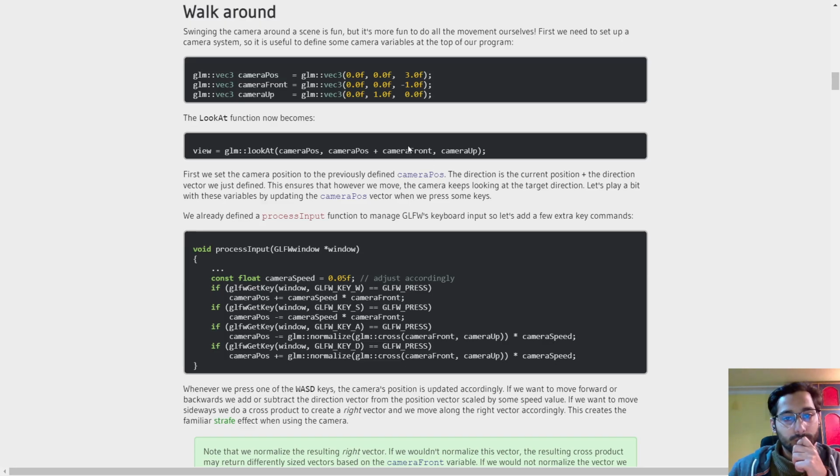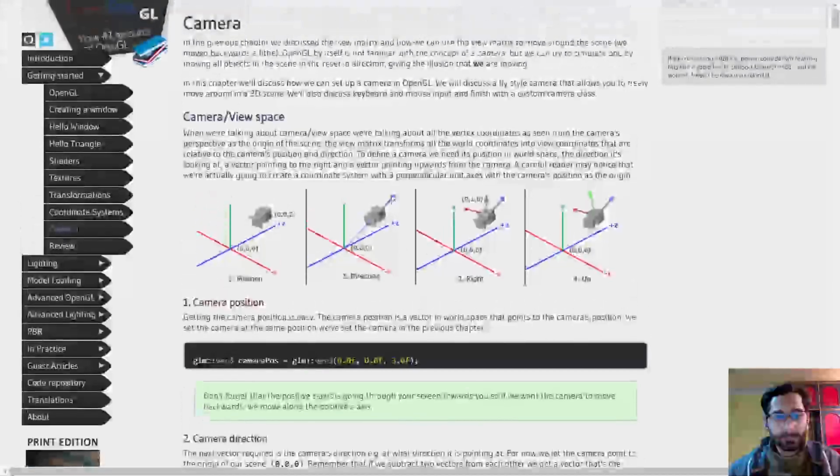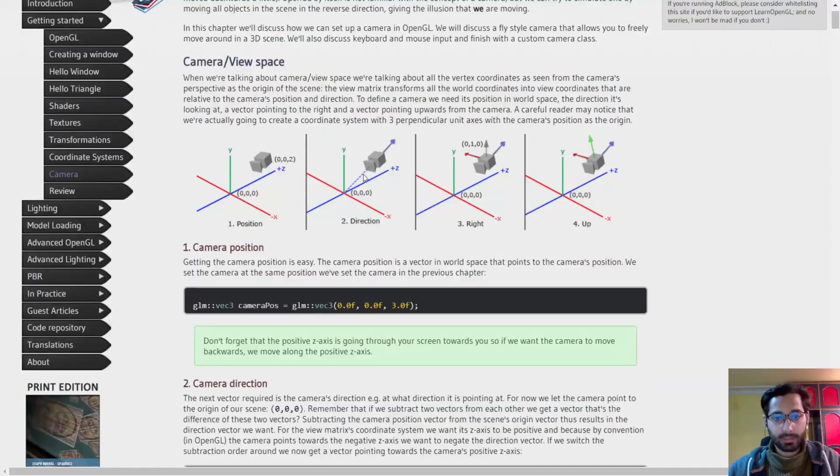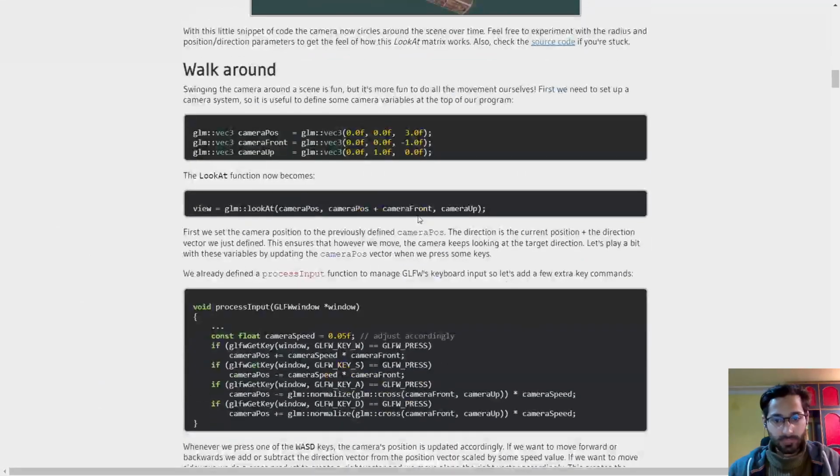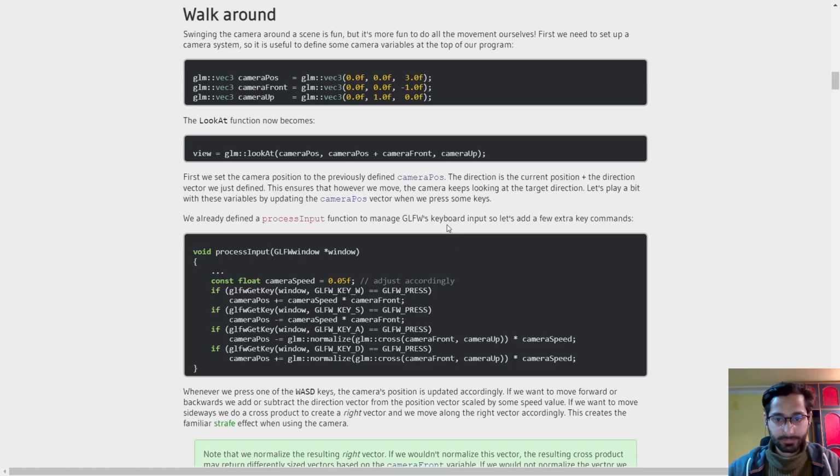Okay, so whenever we're gonna update the camera position, the camera front is set to be 0, 0, -1, which if we look at this diagram would be somewhere around here. So it's kind of like saying always look ahead. We already defined a process input function to manage the input.